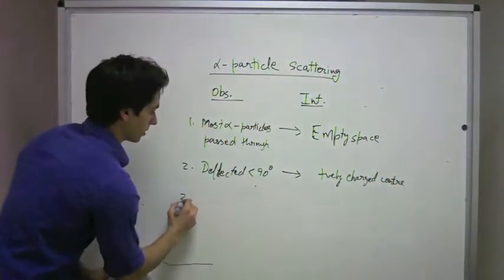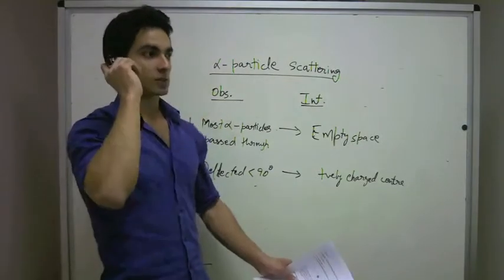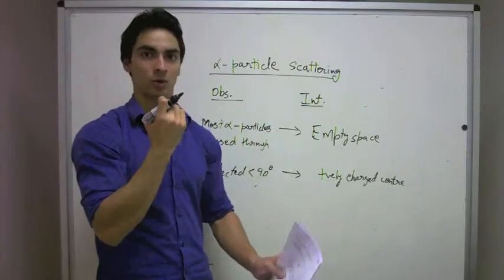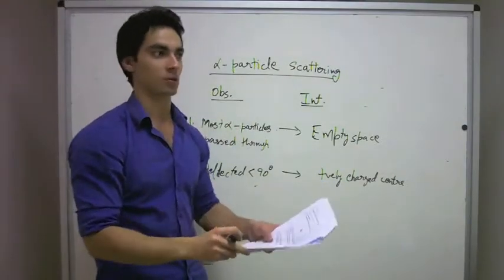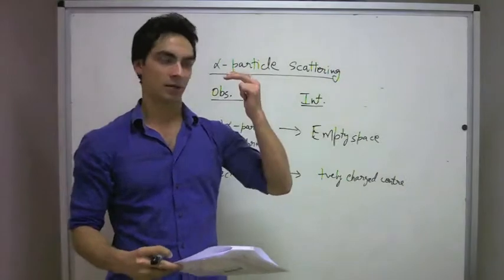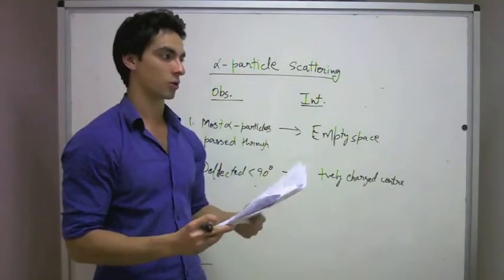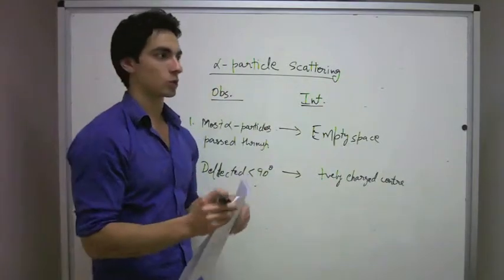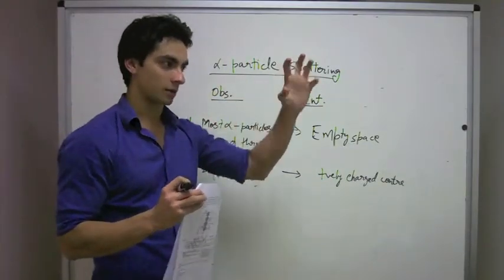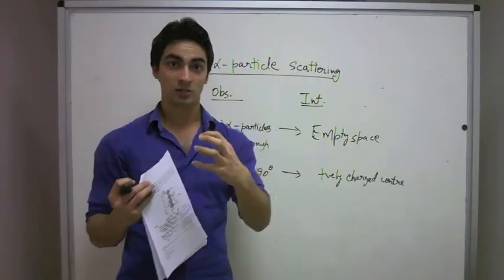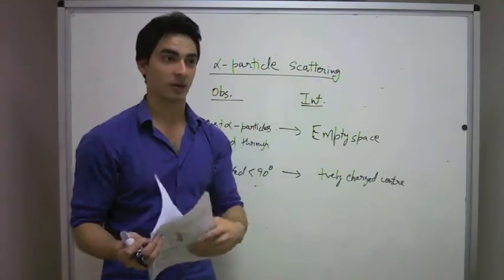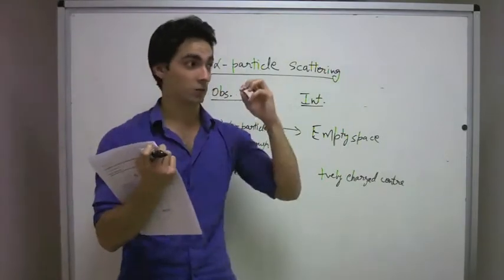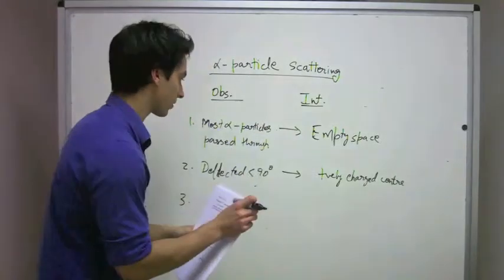Now the third one, very few of the alpha particles went and hit the gold foil and came straight back through. Now that was very unexpected. It's almost like shooting a bullet and seeing it ricochet straight back at you. So what that shows is that by conservation of momentum, you would realize that not only is that central nucleus positively charged, it is also very massive, and because of its massive size, because it is massive, it could actually reflect the alpha particle backwards.